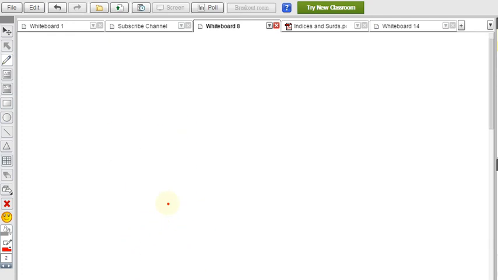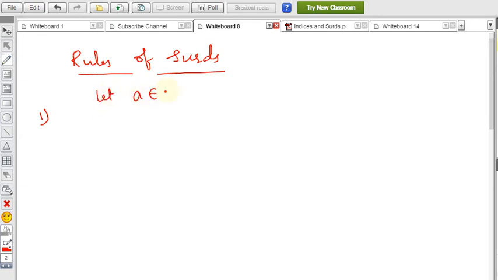In surds also we have rules. Let's see the rules of surds. Very simple rules. Let a belong to the rational numbers Q. Rational numbers we denote with Q, and n is a positive integer, n belongs to Z plus.